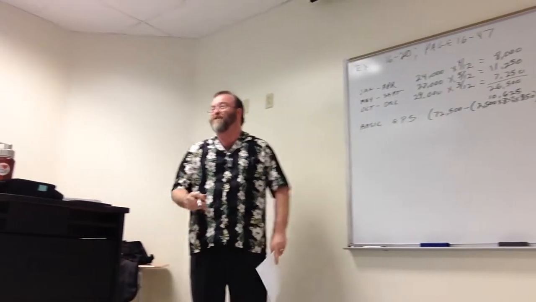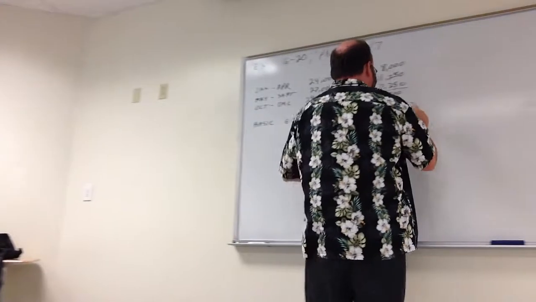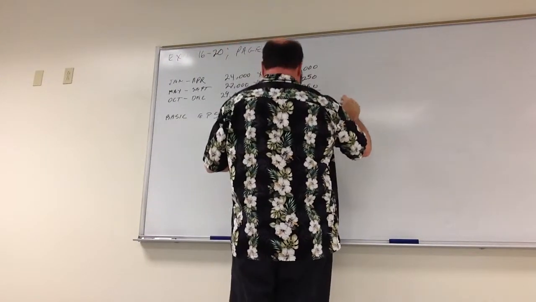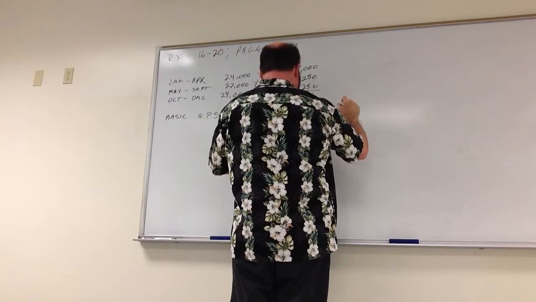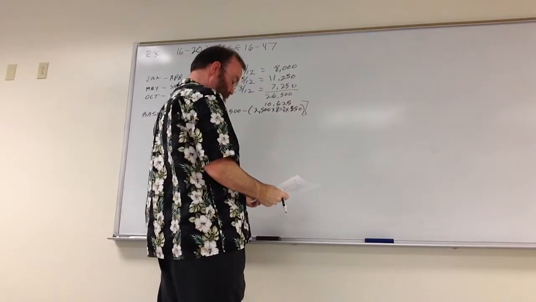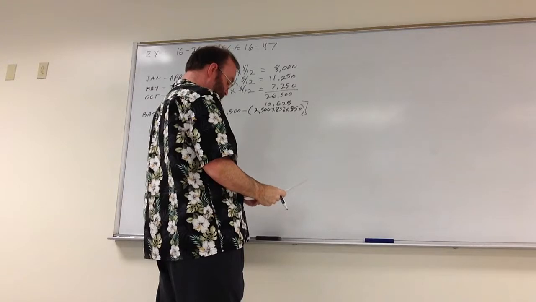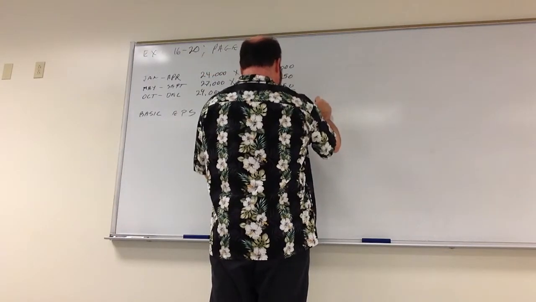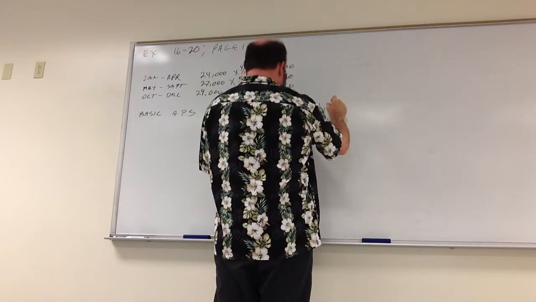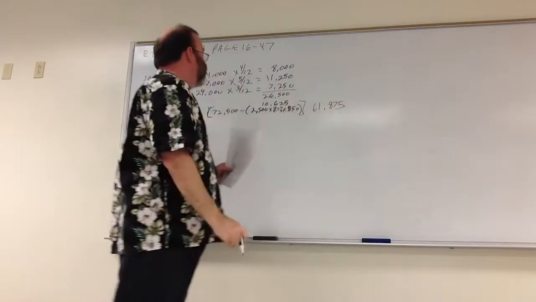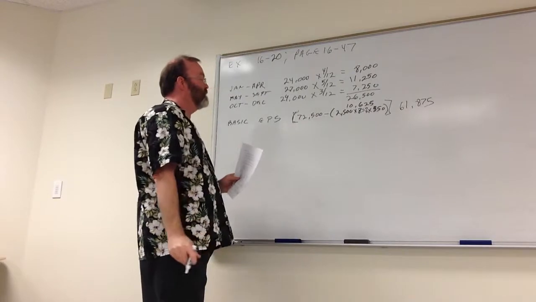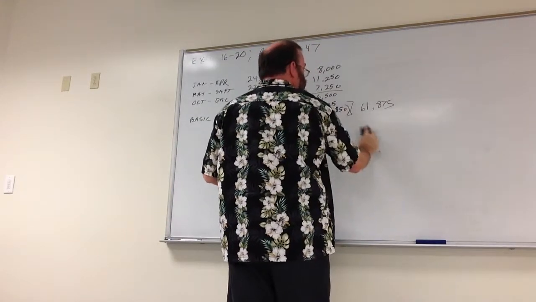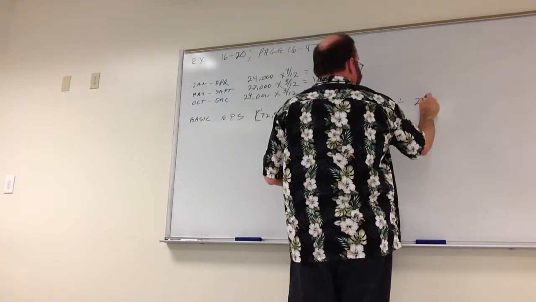That gives us 61,875. That should be 72,500 minus 10,625, divided by the 26,500.